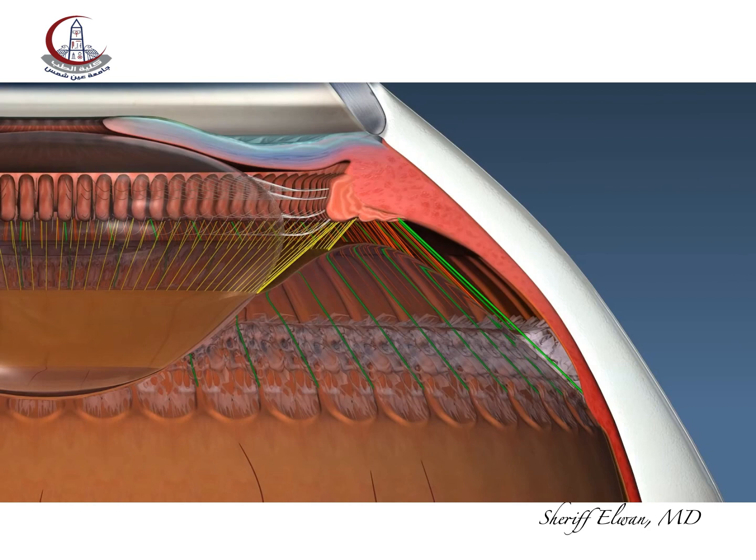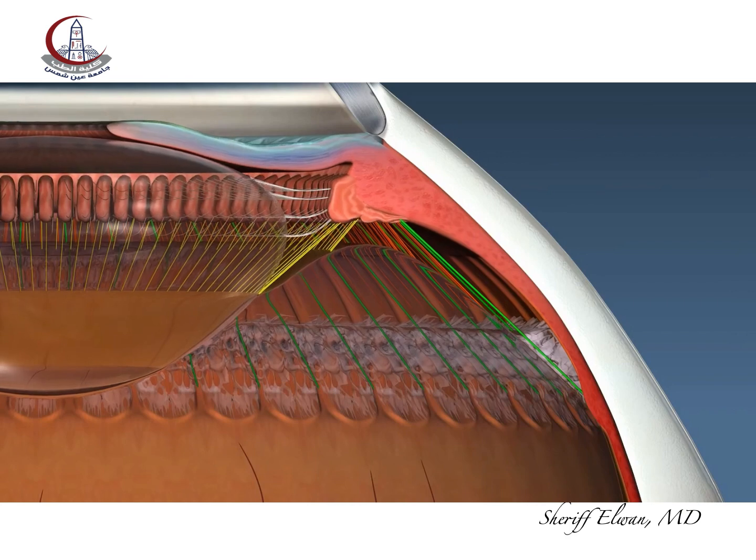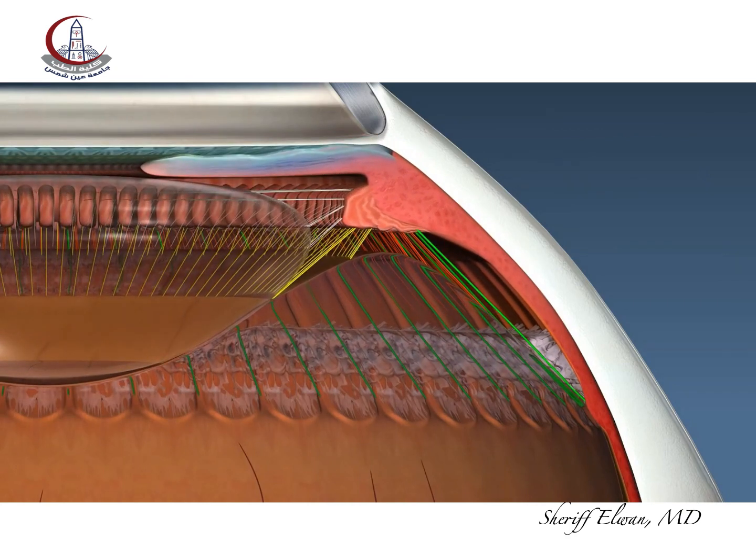At the same time, the posterior fibers, due to contraction of the meridional fibers in the ciliary body, become tenser, and this tension leads to increase in diameter of the posterior surface of the crystalline lens.